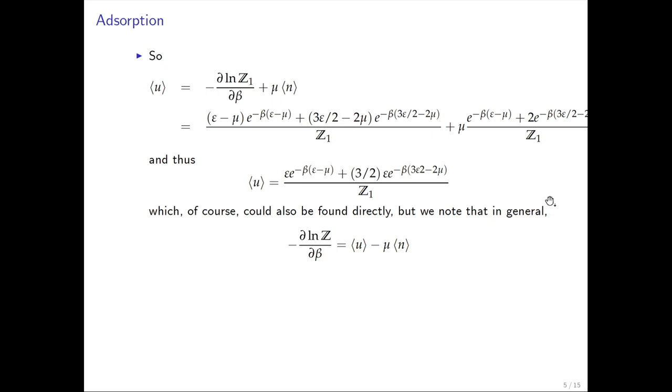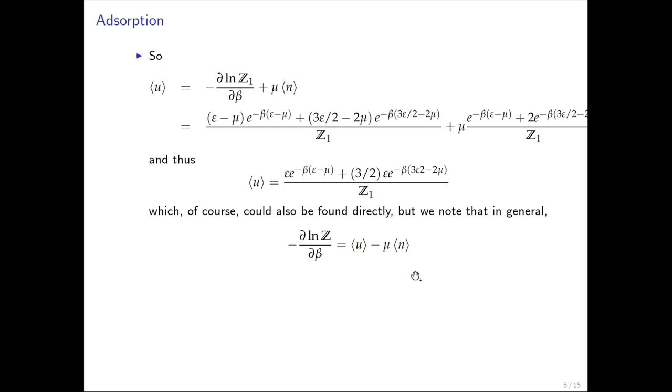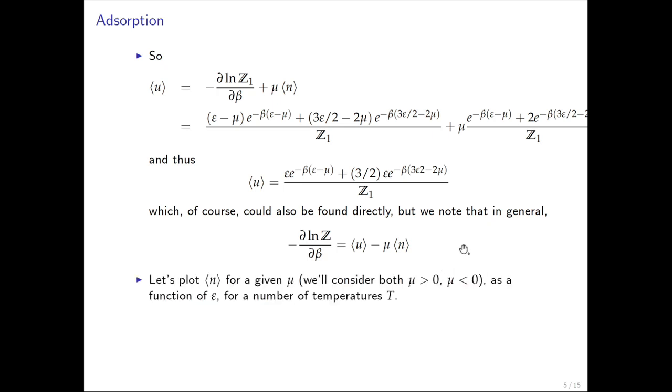So we could have found that directly, but what we were curious to see is this relation here, and I just want to point out that it is true in general. And sometimes this gives us a nice way of calculating the internal energy.